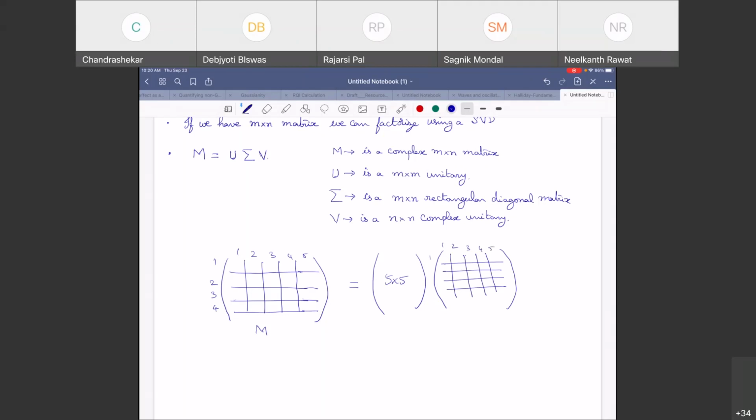So 1, 2, 3, 4. Now the diagonal things would be along here. So you can see, though it's a 5 by 4 matrix, it will have 4 diagonal elements.